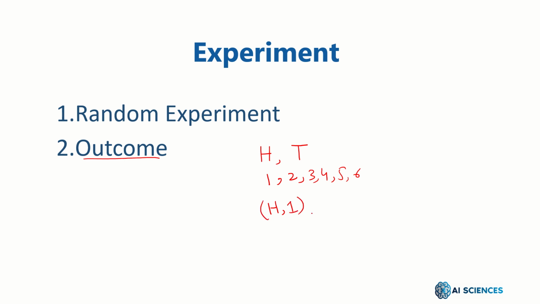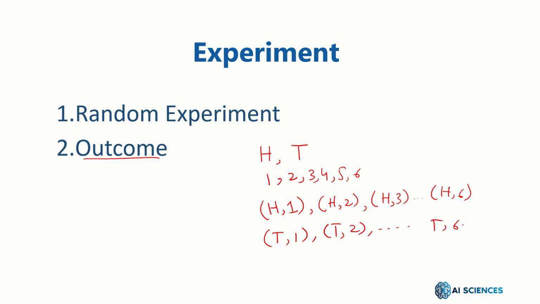That might be one outcome. Another outcome might be head with 2. Another outcome might be a head with 3, so on, a head with 6. Each of these is one outcome of the experiment, and likewise with the tails. In this particular case, we have 12 possible outcomes for this experiment, and one of these outcomes is going to happen as a result of the experiment.